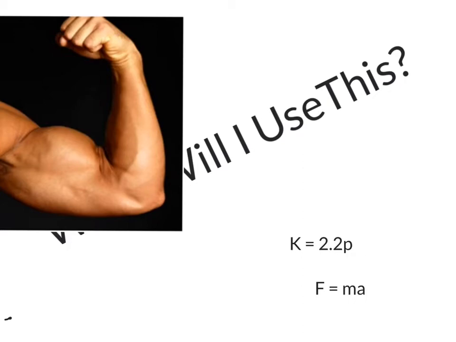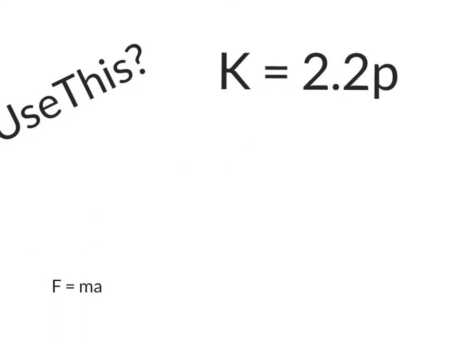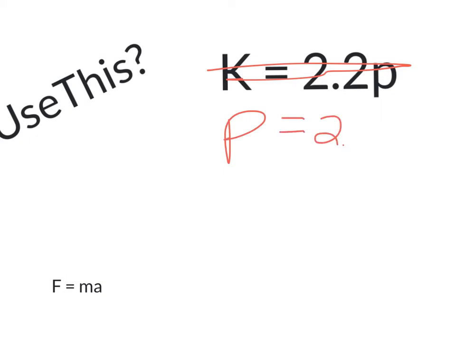But I know that there's an equation that connects the two, because every kilogram is worth 2.2 pounds. So actually I've got this backwards. This should say that the number of pounds is equal to 2.2 times the number of kilograms.